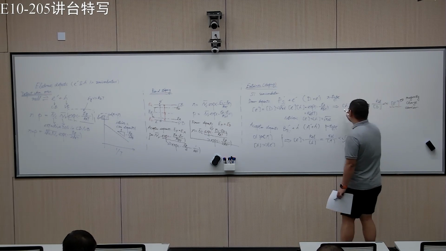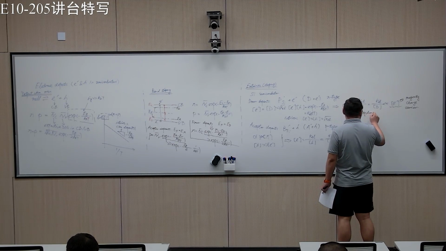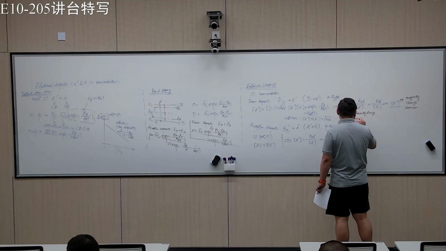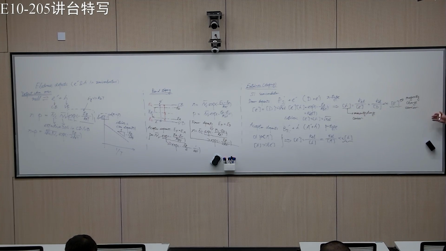So this thing is now called a minority charge carrier. Okay. Because there are few of them if we dope the system with either donor dopant or acceptor dopant.